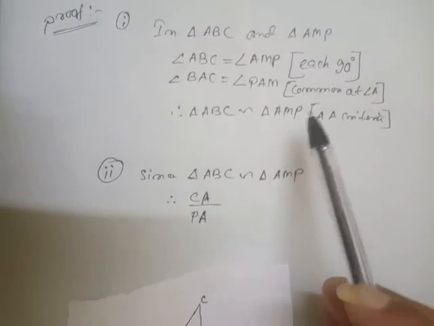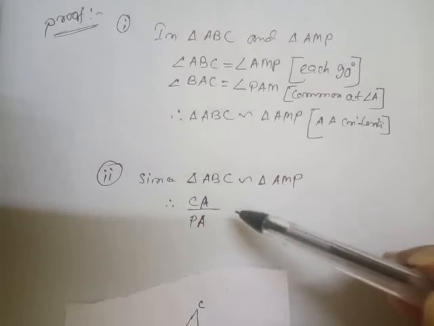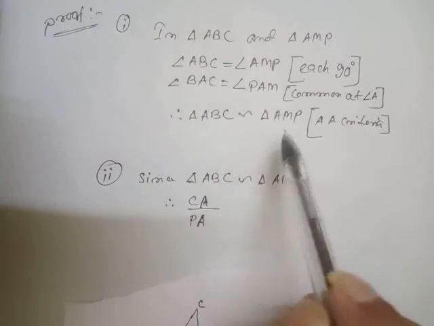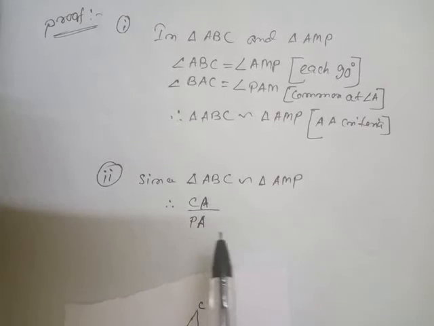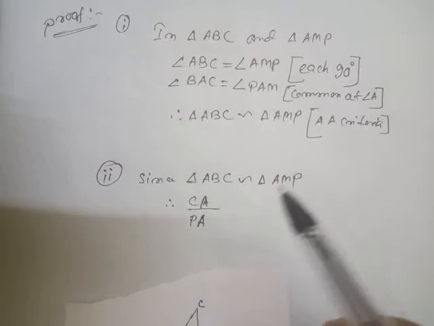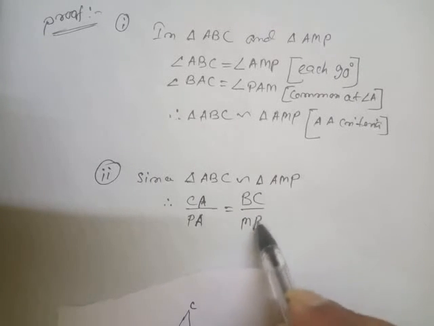Roman 1 is already proved here, so no need to write this one, then this one again and again. Since it is already proved, we can directly take this as since, then CA by PA equals BC by MP.